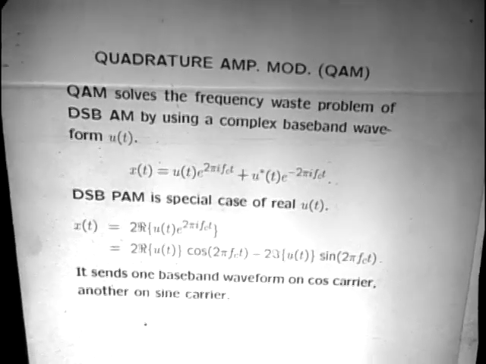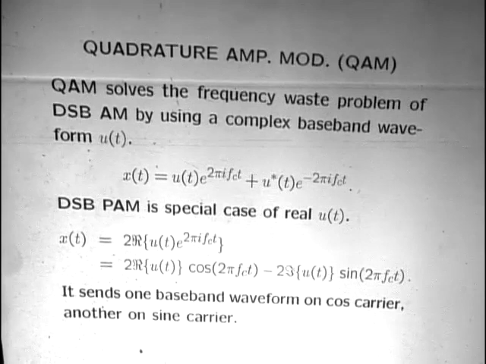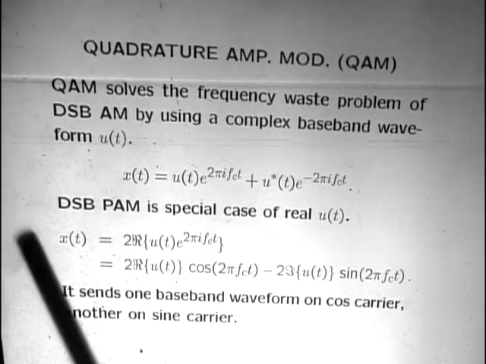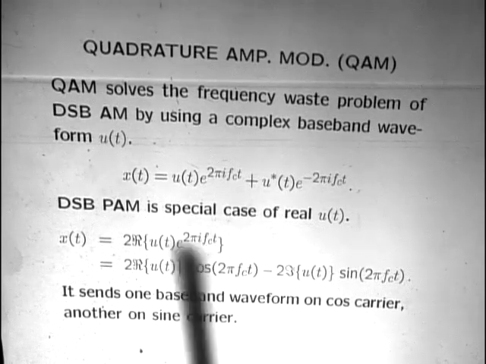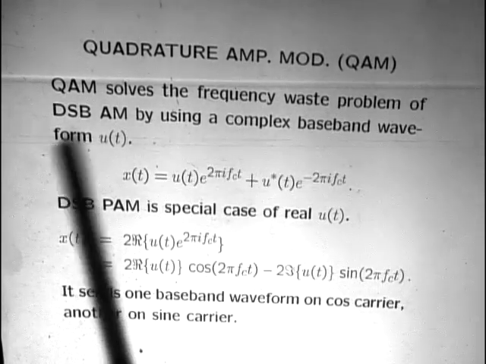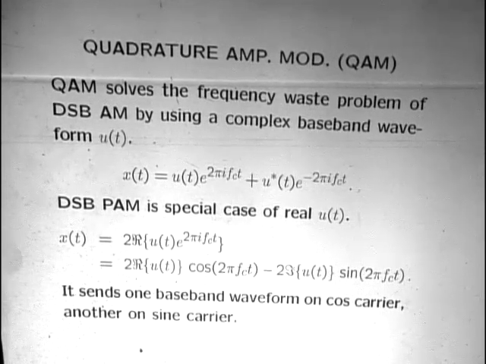Okay, QAM, which is what quadrature amplitude modulation stands for, solves the frequency waste problem of double sideband amplitude modulation by using a complex baseband waveform u of t. Before, we were talking about one-dimensional signals.